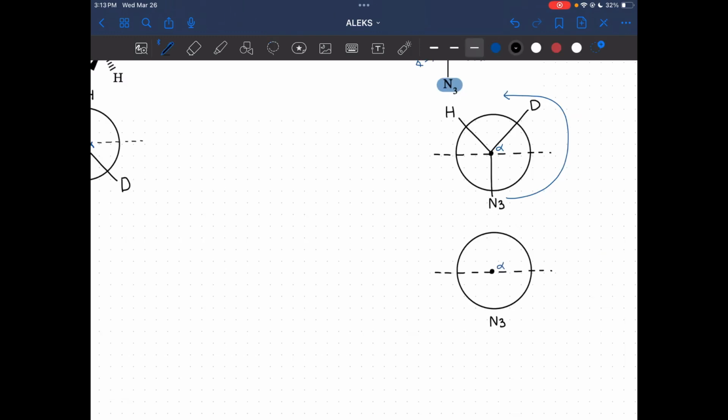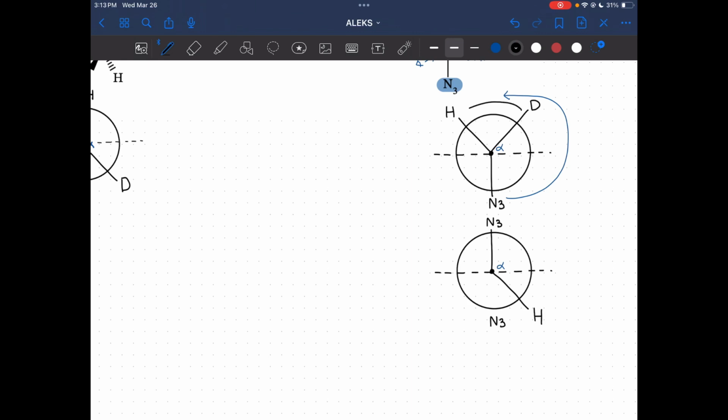The N3 pointing directly up is going to be right here in that spot. So I'll draw that in. The H is also going to go 180 degrees around and point right out here. So I'll draw that in, my new Newman projection.